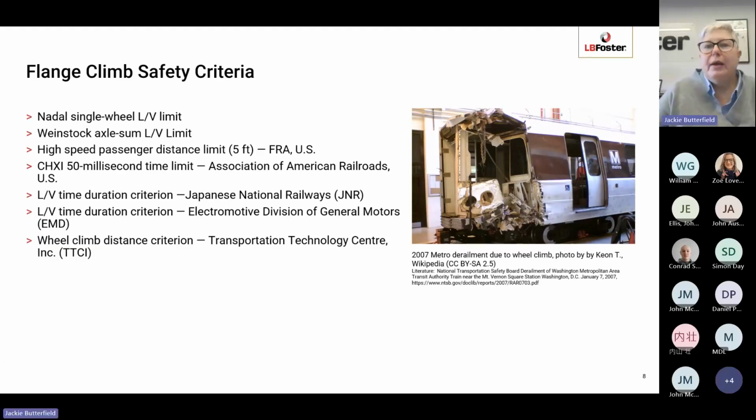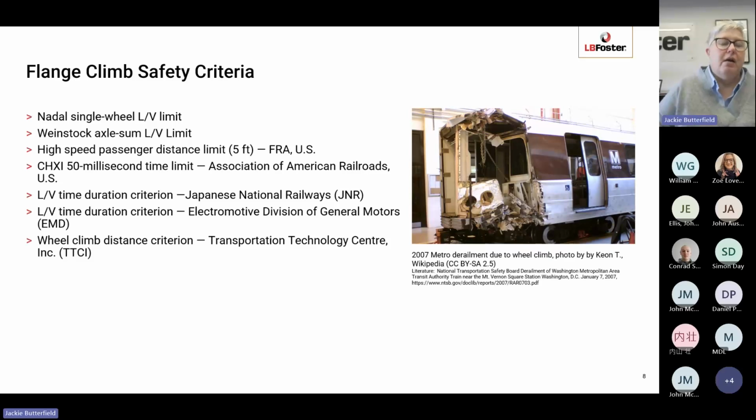So there have been various ways of quantifying the risk of derailment based on the wheel rail dynamics. Some of these are purely based on a resolution of the lateral and vertical forces in the wheel rail interface, but also some take into consideration the time the wheel flange and gauge face are in contact, and some look at the length of contact in the wheel rail interface.